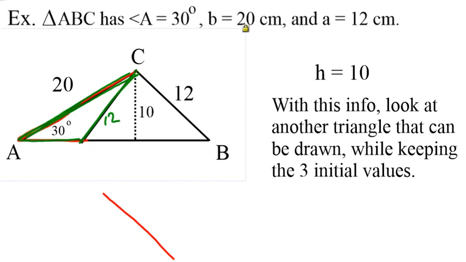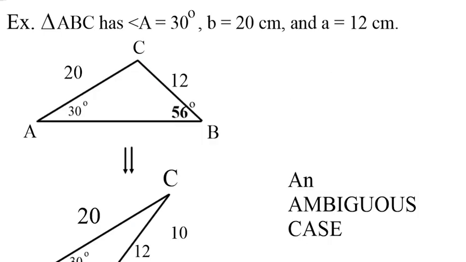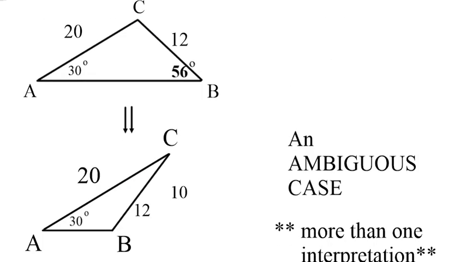We have the initial triangle that met the parameters, but also a second triangle which also met the parameters. B's been moved over here. Is that still 56 degrees? Well, I'll tell you now it's not. So this is what's called an ambiguous case. There's more than one interpretation.